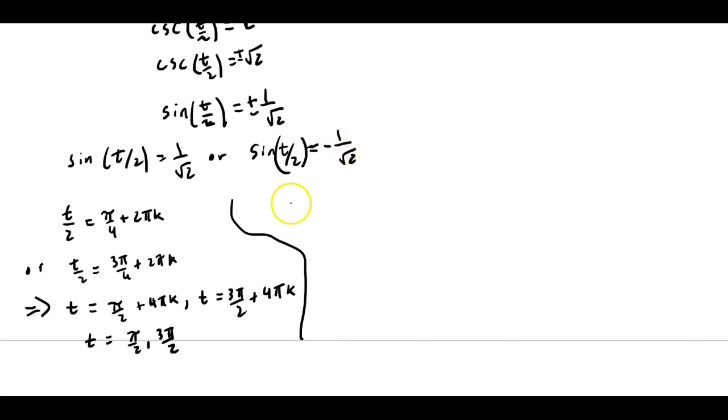Well, if it's negative, then in this case t over 2 will be equal to, if it's negative, that means we're going to be in quadrant 3 or 4. In quadrant 3, it's going to be 5 pi over 4 plus 2 pi k, or t over 2 will equal 7 pi over 4 plus 2 pi k.